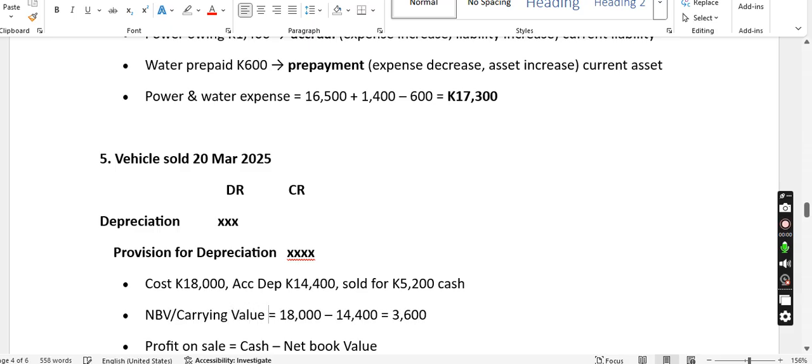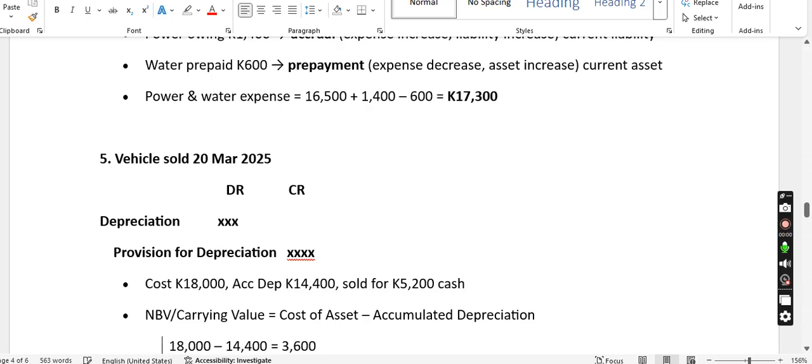The net book value is cost of asset minus accumulated depreciation. Once you subtract the accumulated depreciation from the cost, you're going to get the value of the asset.